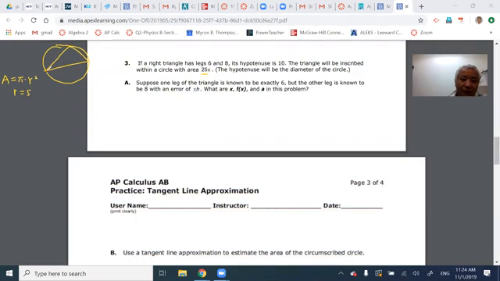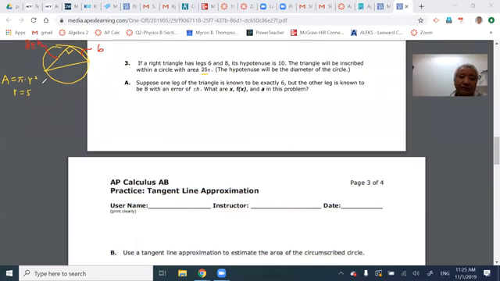From geometry, if the triangle's angle faces a diameter, this angle must be 90 degrees. And they said this side of the triangle is 6, fixed, but this side is changing from 8, plus or minus h.